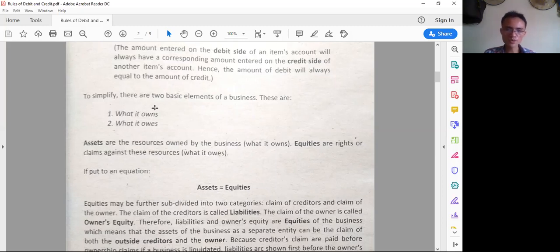If you say owns, you have the right to enjoy the benefits and bear the losses or sacrifices in the business. One of the tests of ownership, correct me if I'm wrong, is that you can enjoy the benefits.